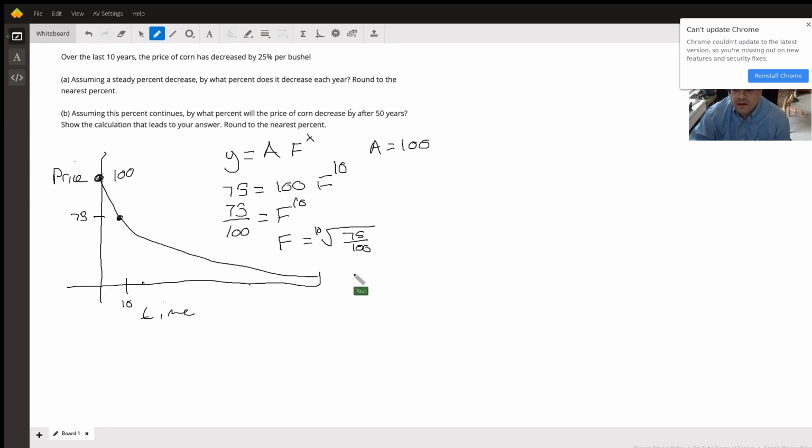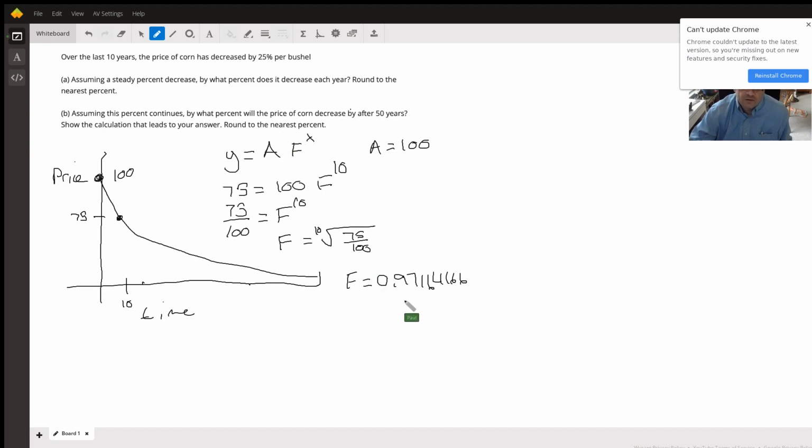And if we calculate that out, then we will get a growth factor of 0.97164166. When you're doing this, it's important to have a lot of decimal places in your growth factor because you're going to be multiplying over and over.